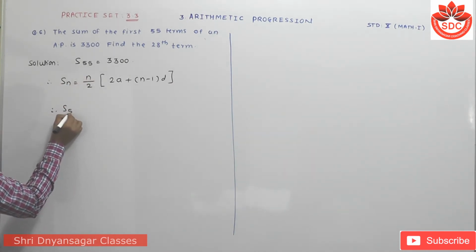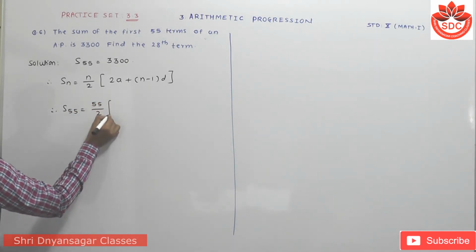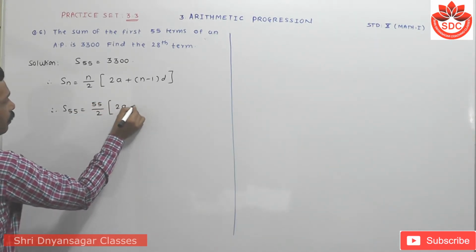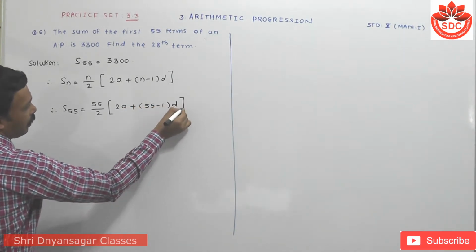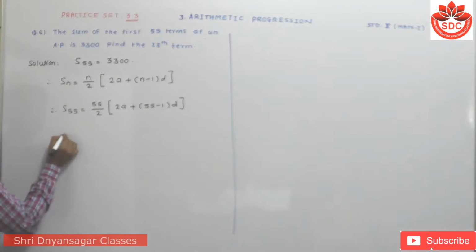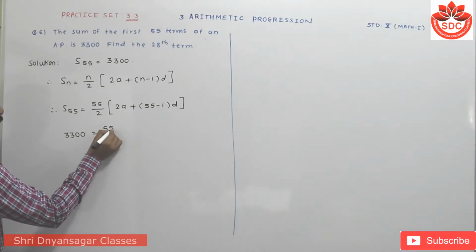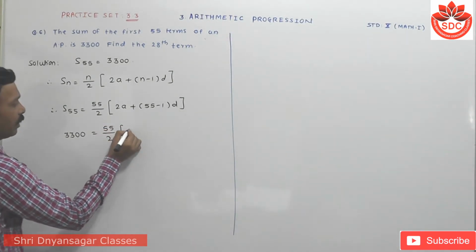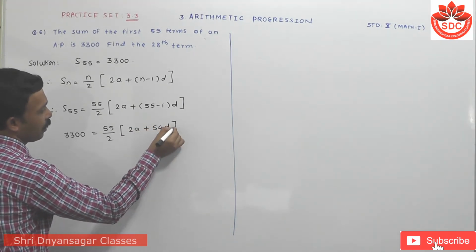So S55 is equal to 55 upon 2 in bracket twice a plus 55 minus 1 into d. Students, here S55 is given as 3300, which is equal to 55 upon 2 in bracket twice a plus 54d.